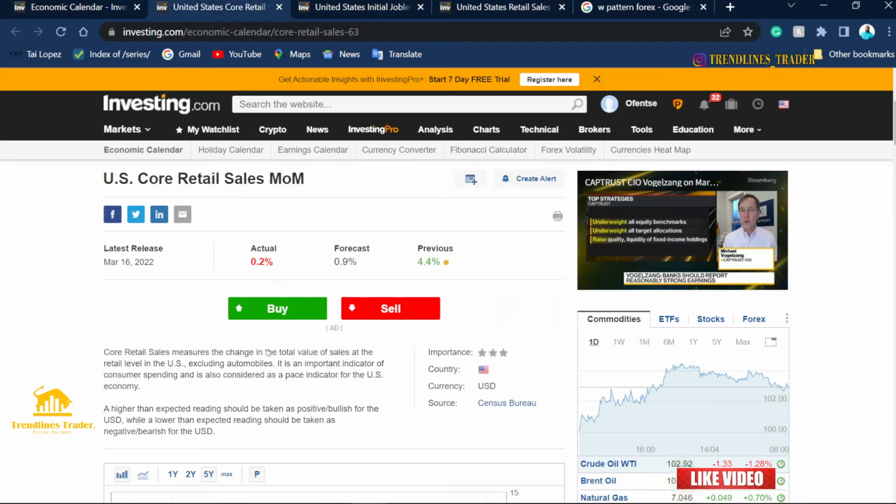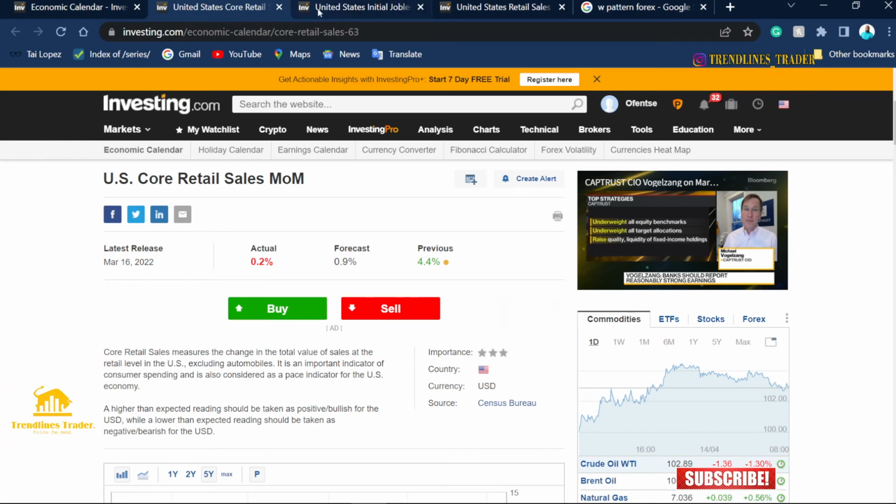And here on the core retail sales, the lower than the 0.9% that is forecast, that is expected reading, should be taken as negative, bearish.